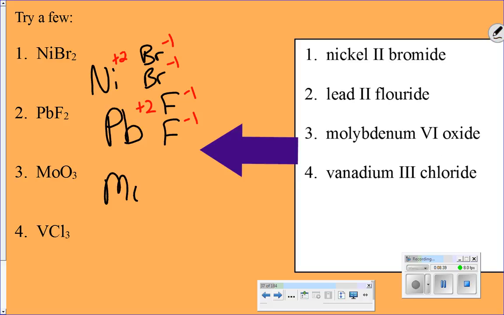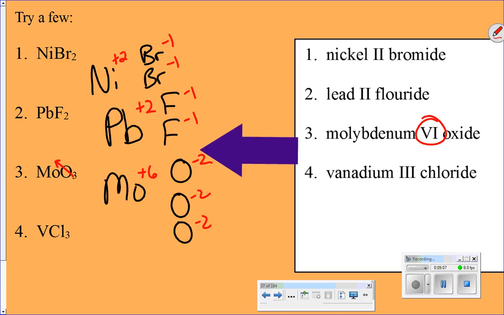Molybdenum we don't know, but oxygen, there are 3 of them. Each of these guys having a charge of negative 2, which means molybdenum, in order to balance that out, actually has to have a charge of positive 6. The reason I put this example in here, so you'll notice that molybdenum's charge is indeed 6 in this name. If you reverse crisscross on this, meaning you just decide to bring this 3 up here, you would write molybdenum 3 oxide.